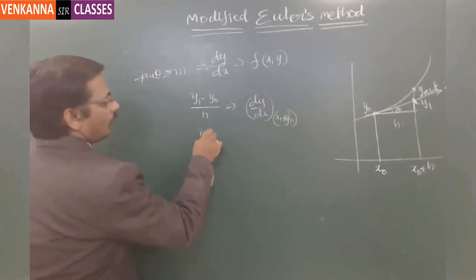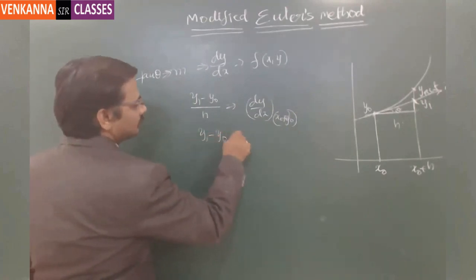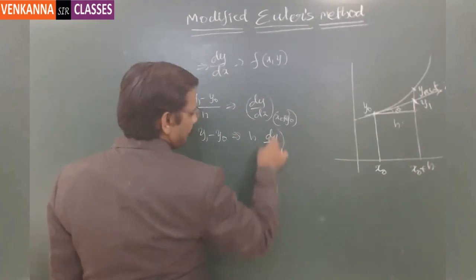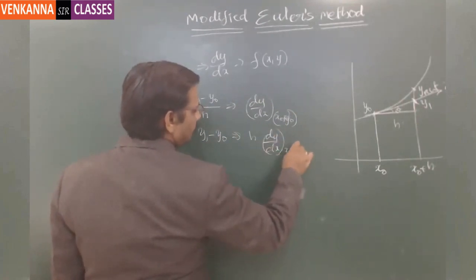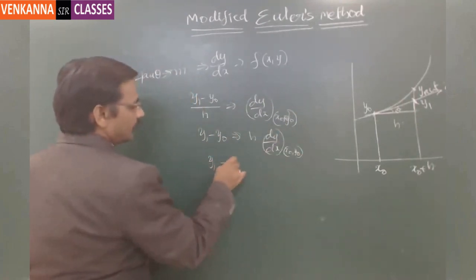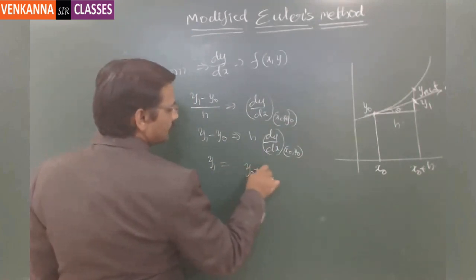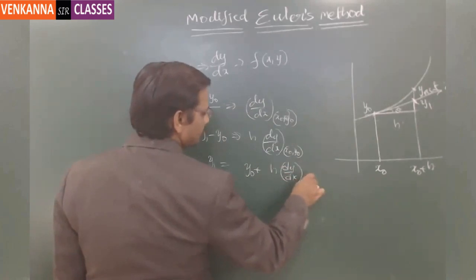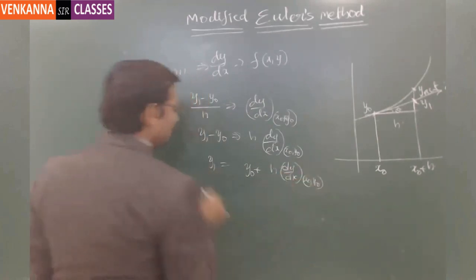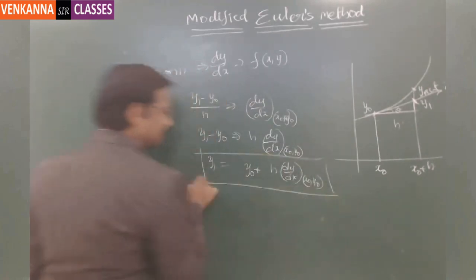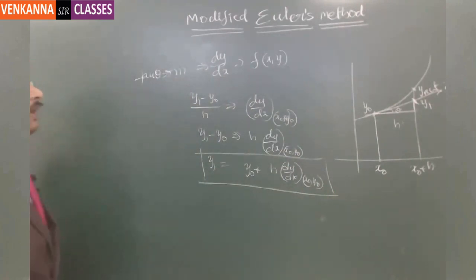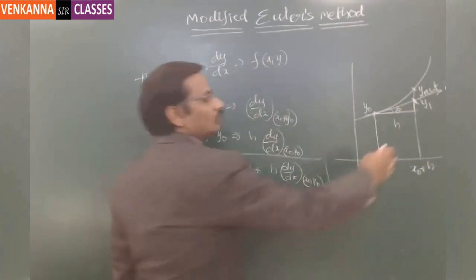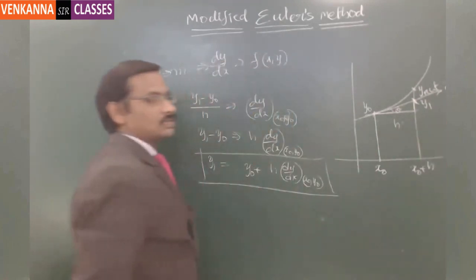Then y1 minus y naught is equal to h times dy by dx at x naught comma y naught, and y1 you can calculate as y naught plus h into dy by dx at x naught comma y naught. This way you approximate this value as the y value, and from there you will further calculate, if you want, the next value at x naught plus 2h.